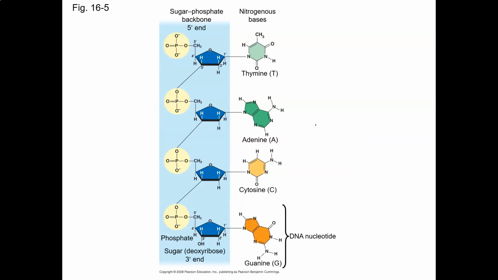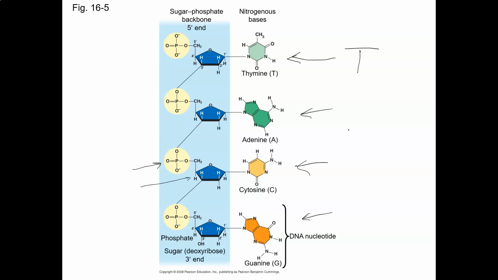Here we see the 4 different nitrogenous bases. In every nucleotide, the phosphate group, which we see over here, and the sugar are the same. They're not different in different nucleotides. But then the nucleotide can be one of these 4 types. Usually they abbreviate them with a single letter.